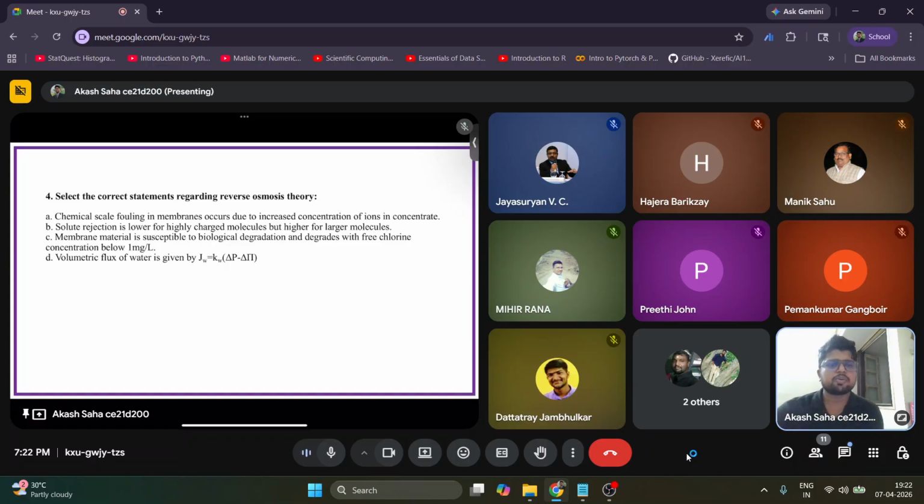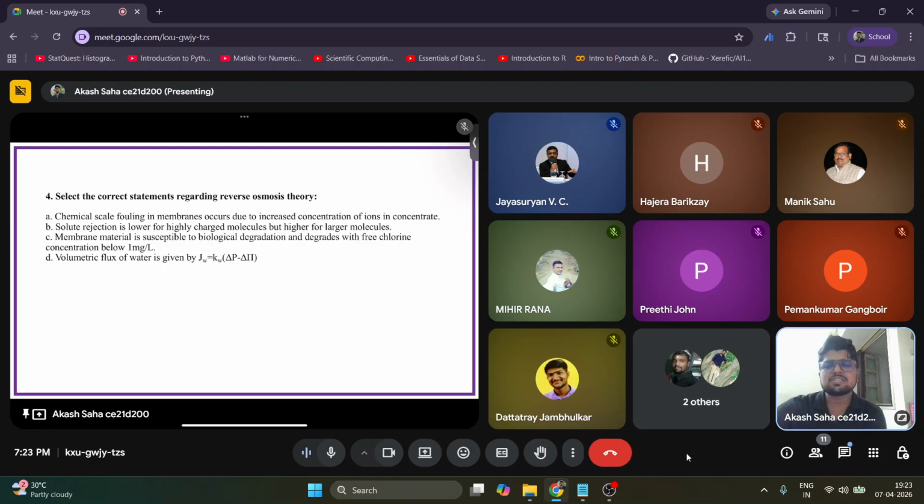If they are getting nutrients, they will grow or secrete EPS, extracellular polymeric substances, and then foul the membrane, but it will not undergo membrane degradation as such. So option C is also not correct.